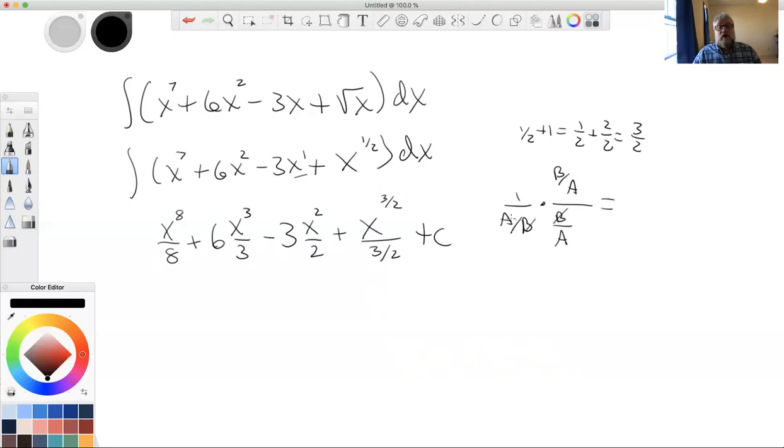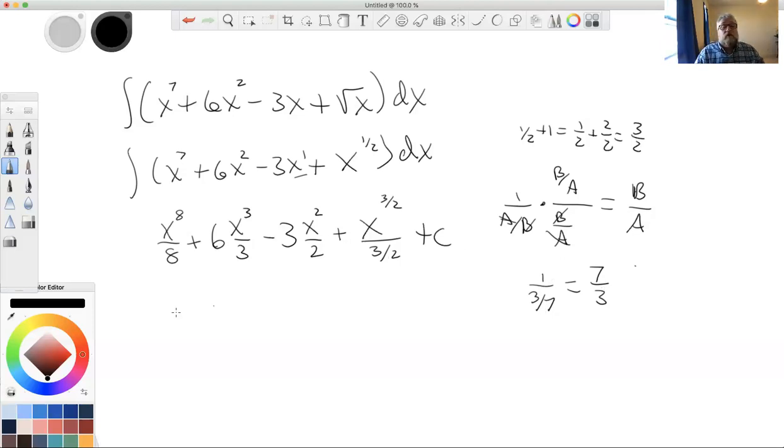So that b cancels that one, that a cancels that one, and this becomes b over a. So when you have a fraction in the denominator, that's going to become the same thing, just flipped over. When you move it to the numerator, it's going to flip over.